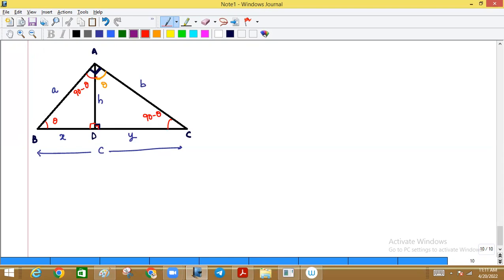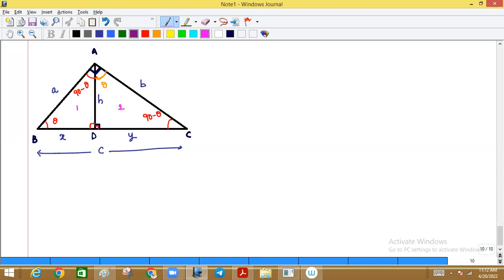Yes or no? Now you can see how many triangles there are. I can see clearly 1, 2, and the bigger triangle 3. You can see 3 triangles: 1, 2, and the larger triangle is 3. Right? What are the 3 angles in the first triangle?